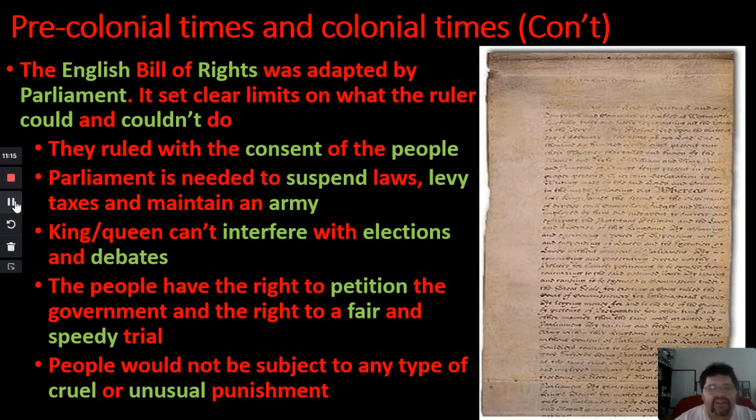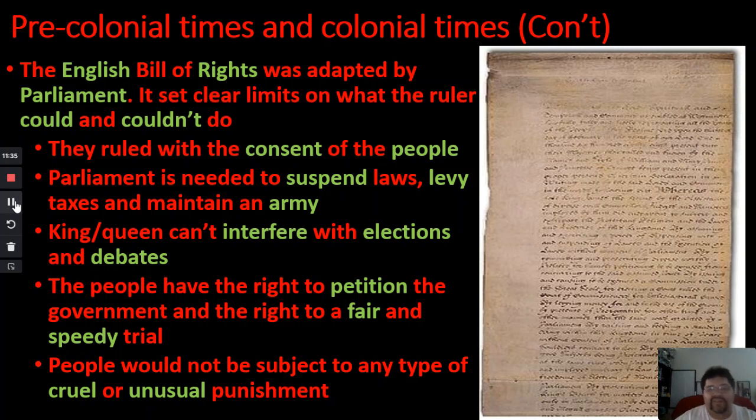But now they said, no, no, no, no. You get arrested, you're charged with a crime, you're going to stand before a judge, have your lawyers, and, you know, it will be done in a reasonable amount of time. It's not going to take 8 years just to have a trial. Okay.